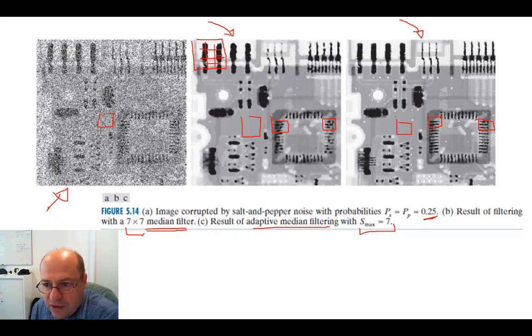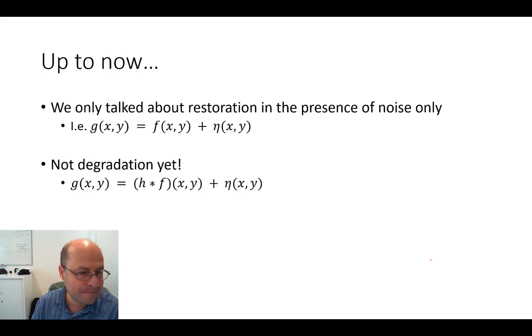But in regions where there is noise and some information that should be preserved, like here, you see that the adaptive filter, besides filtering the noise, also preserved the edges. That's what you want with an adaptive method.